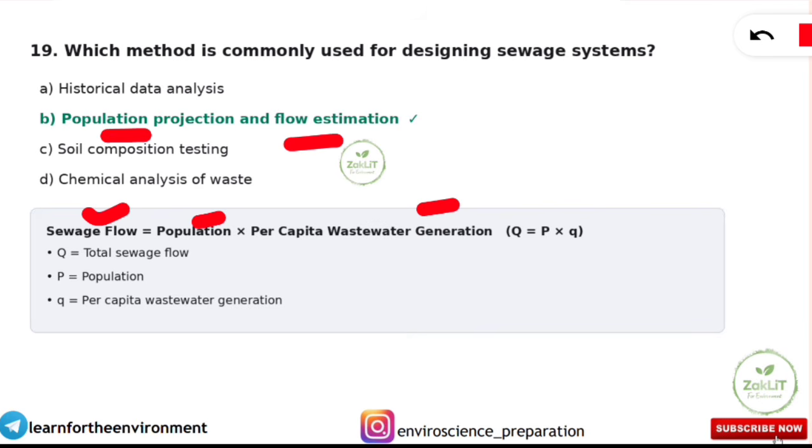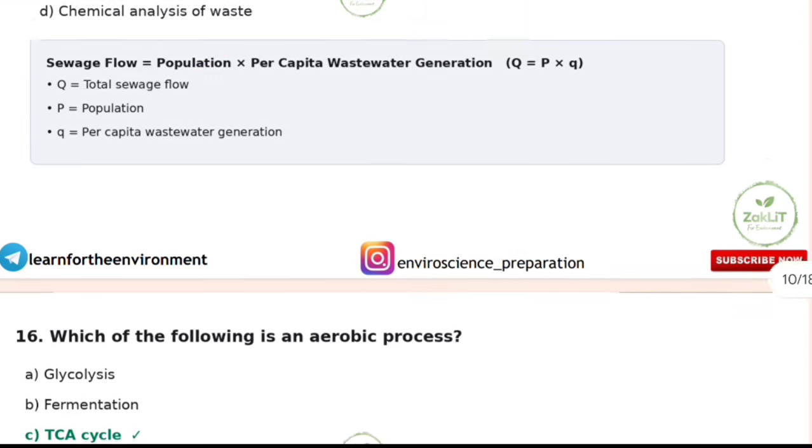That means capital Q is equal to capital P multiplied by small q, where capital Q is the total sewage flow and capital P is the total population, multiplied by the per capita wastewater generation. So here population projection and flow estimation is used to design the sewage system or to know the sewage flow. Let's move on to the next question.